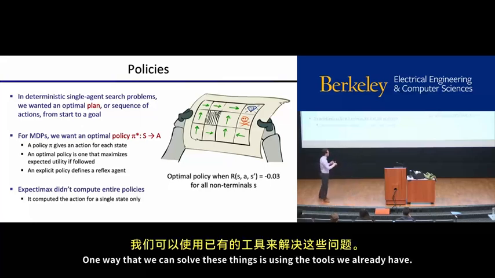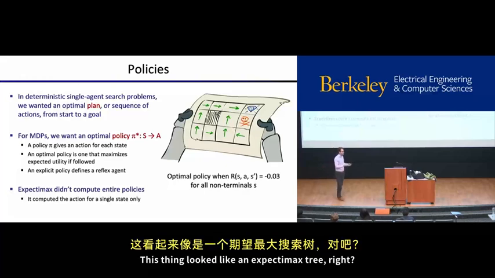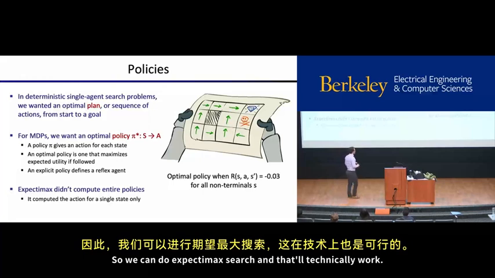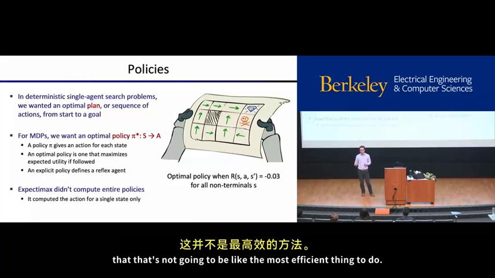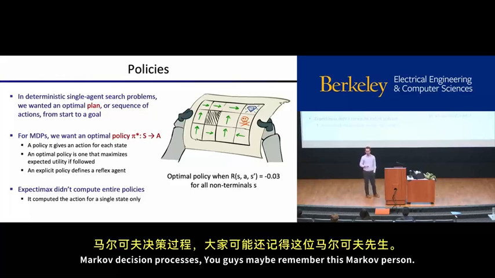So a policy was a solution in a game setting. Now we're just thinking about playing a game against the environment. The environment takes moves randomly. These are chance nodes instead of minimizer nodes, but it's the same principle. I want a policy that's going to tell me what to do in every state. A policy could look like this map here. I'm in this grid world.